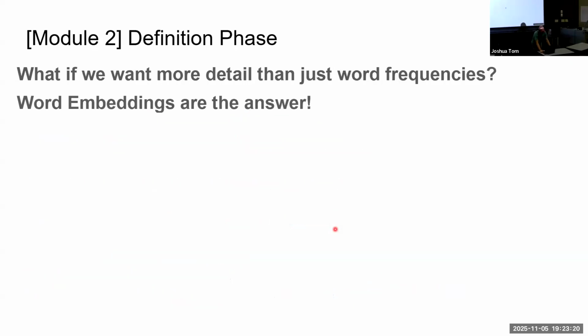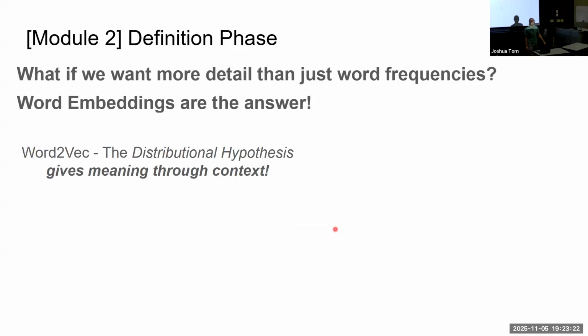So let's provide more information to a word now, instead of just 3 traits. There is this technology, this discovery from 2013 called Word2Vec. The way this works is we give meaning to words based on what's next to them.